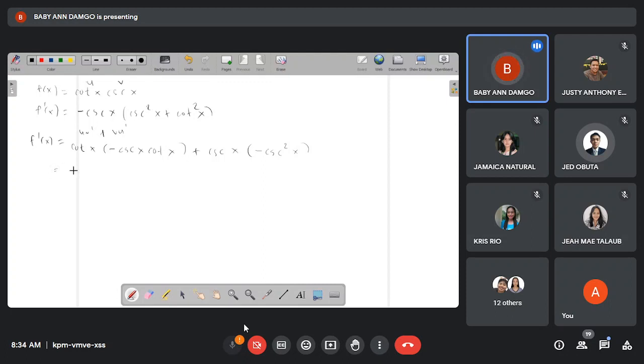Simplify: this is minus cosecant x cotangent squared x minus cosecant cubed x. Same result, so you are correct.